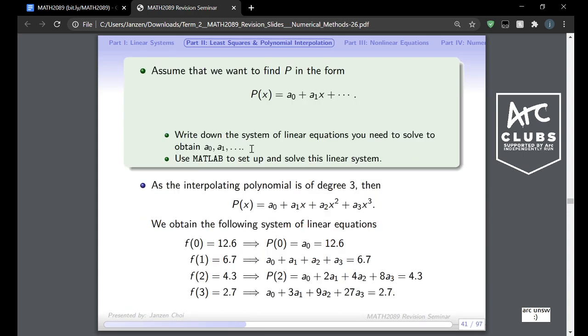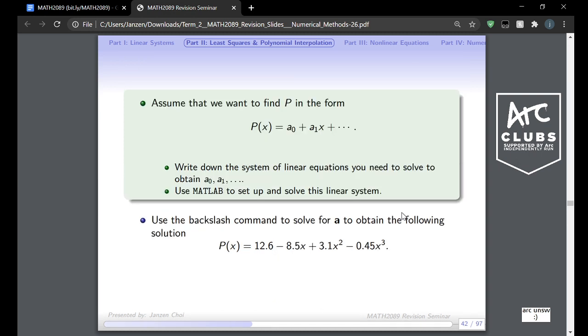But in this case, they asked us to use MATLAB, so we could just use the backslash symbol to do so. It says here, backslash command to solve for the matrix A, and eventually we'll get this solution here for the polynomial.